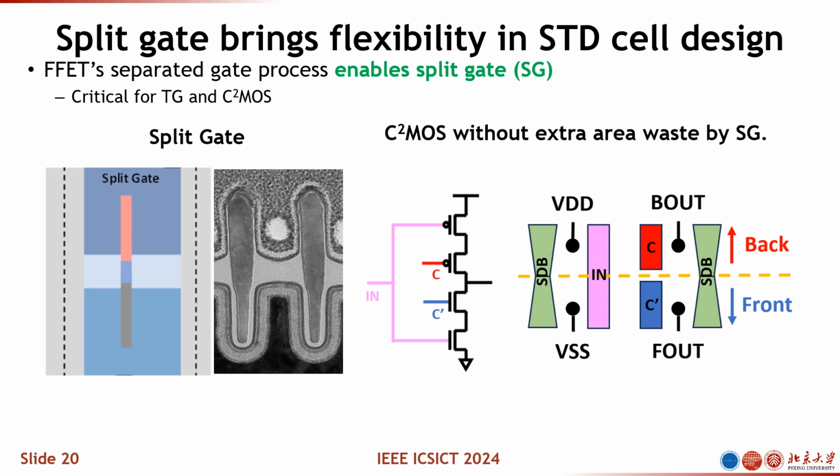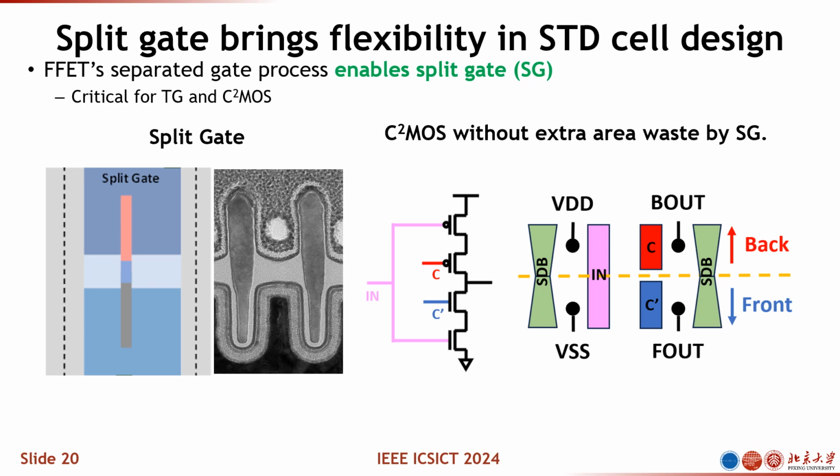So you can see for this inverter, the two signals are placed on the NFET and PFET, and they are separate. To enable this, you would need the gates of this inverter for the NFET and PFET to be separated. And this is very important because this is a very critical element for the sequential logic.